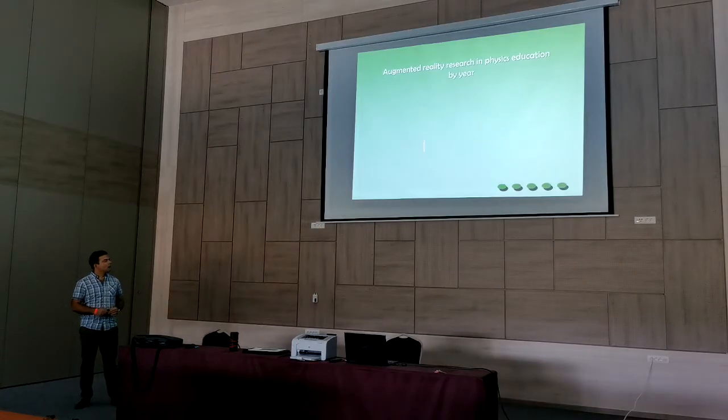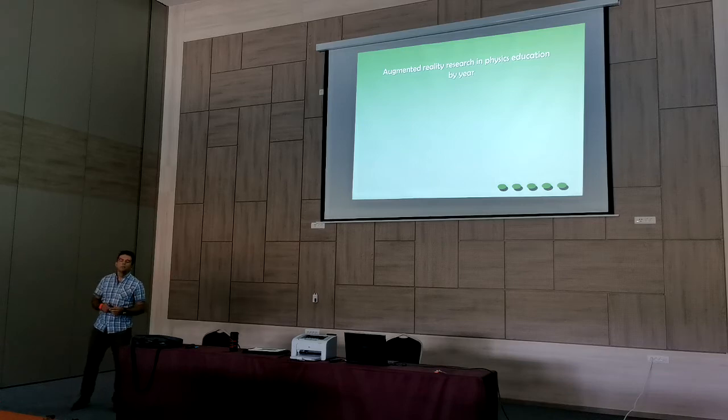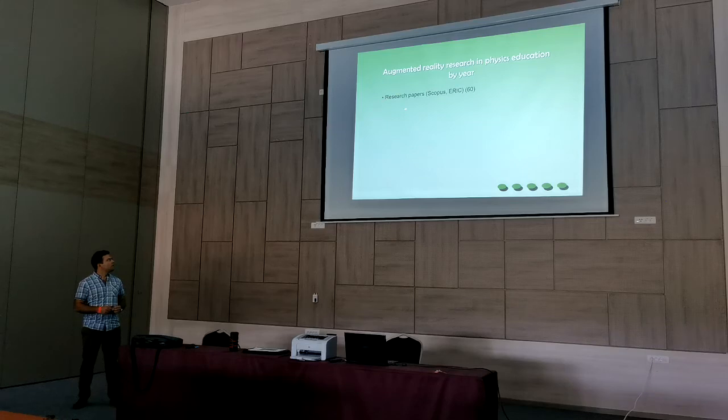Okay, now I'll present some results from our review article. We read 60 research papers that were indexed in Scopus and other databases, and we found that most papers were published in the year 2020.